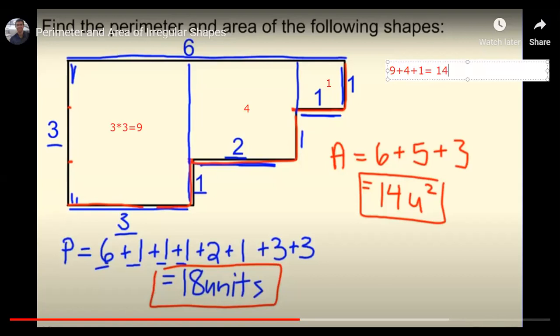Amazing. Thank you so much, Muhammad. Which means, who can tell me? It means that in whatever way we divide the irregular shape, we will get the same answer. Excellent. So even if we divide a figure in different ways, by the end we are going to find the same answer.